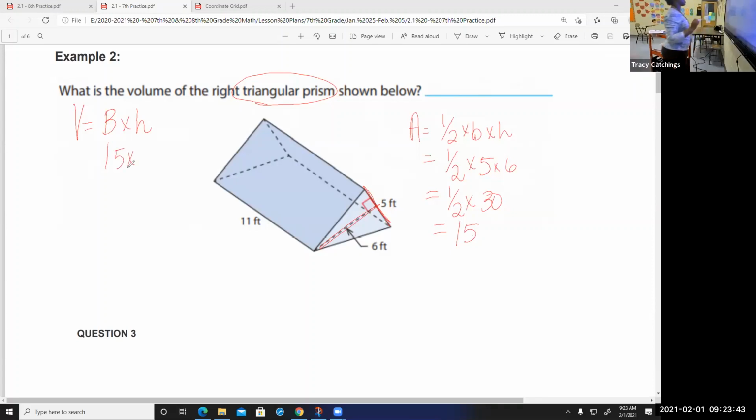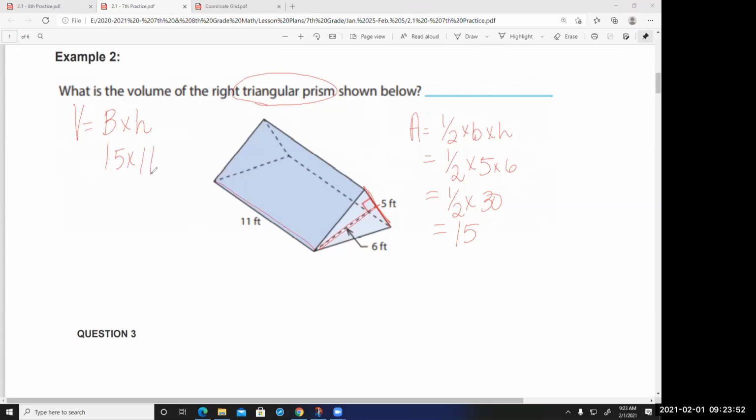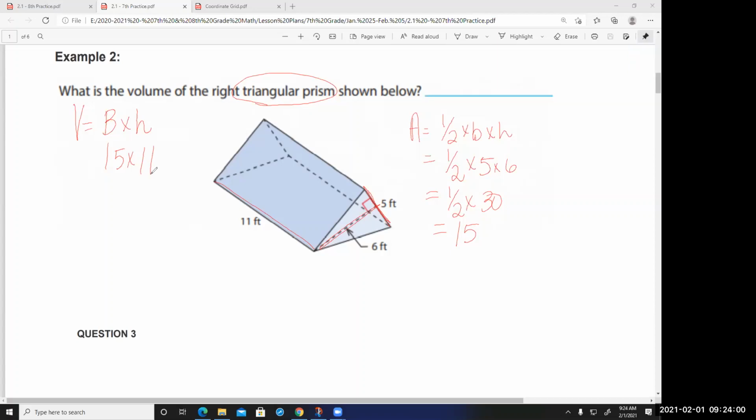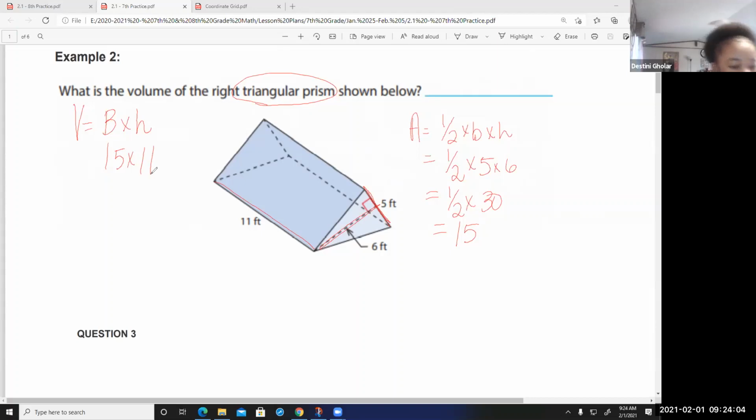All right, and then what's the height of it? 11. All right, and then 15 times 11. 165. 165 what?